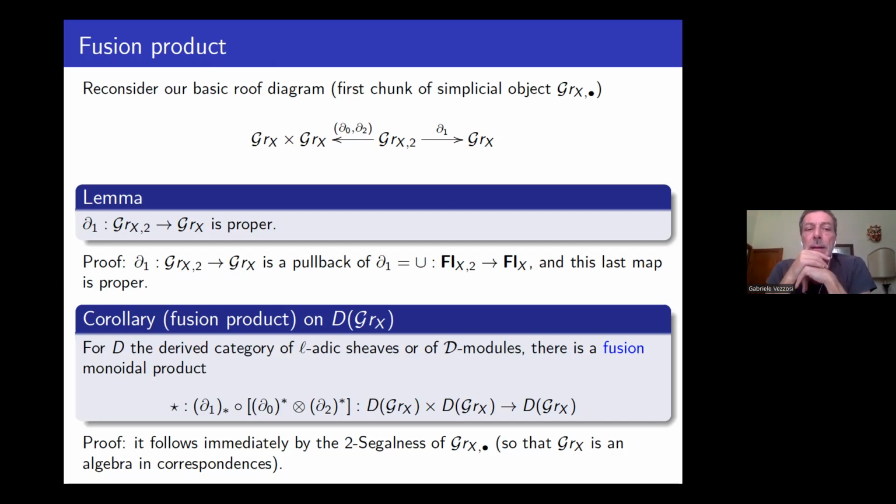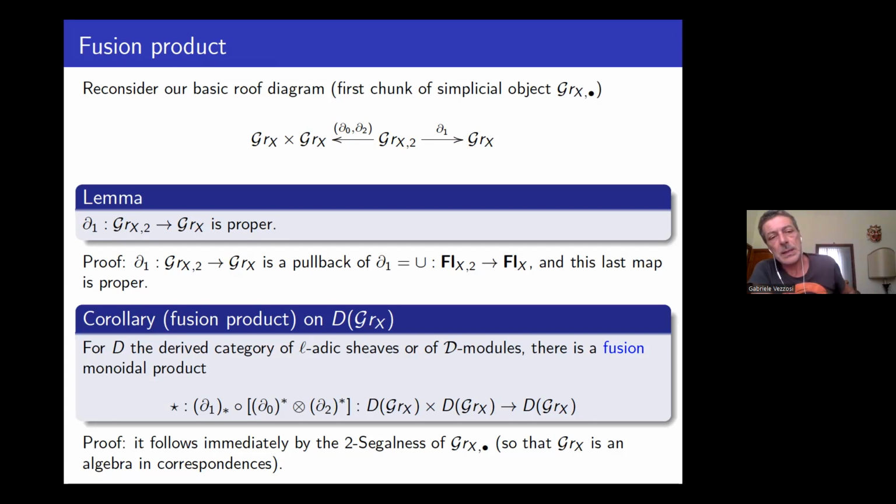And delta 1 is proper because it's defined as the pullback of the union from good flags to flags, and this last map is proper. And so we can define a fusion product. Here is where we use not only properness, well, in some cases properness is not even needed, but we use the 2-Segal property of Gr_X bullet.